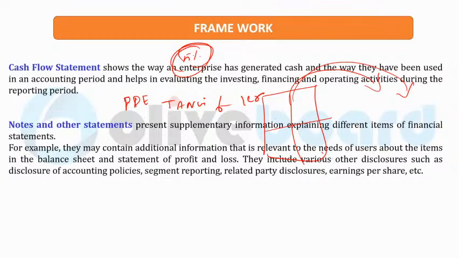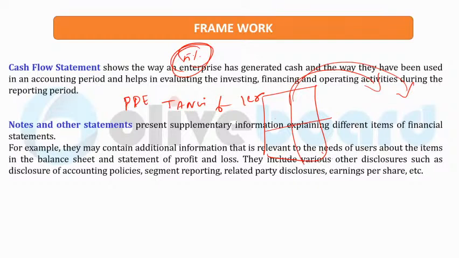Not only that, the company has to disclose the accounting policies they have followed, the estimates, and how the valuations have been done. And the disclosures, such as related party transactions, which you will study in your Companies Act. Who is my director, have I done any transaction with the director, have I taken any loan from the director or from the shareholders?